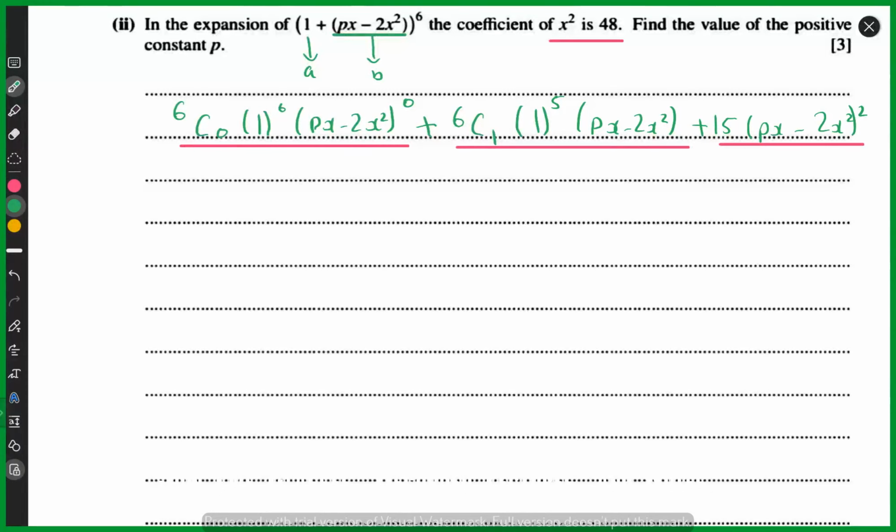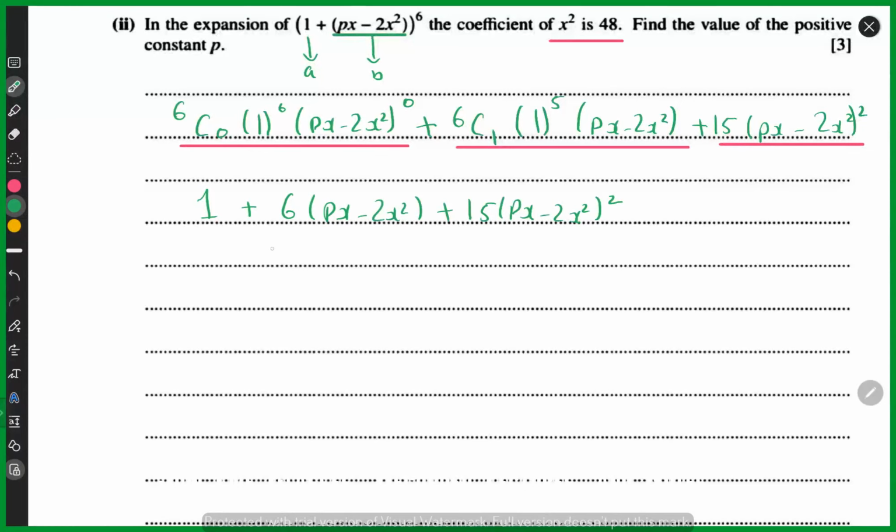So this is going to be 1 plus 6C1, which would give you 6, 1 power 5 is 1, and then (px − 2x²), plus 15 into (px − 2x²) squared. And then you need to just simplify things at this point and then make conclusions, okay?